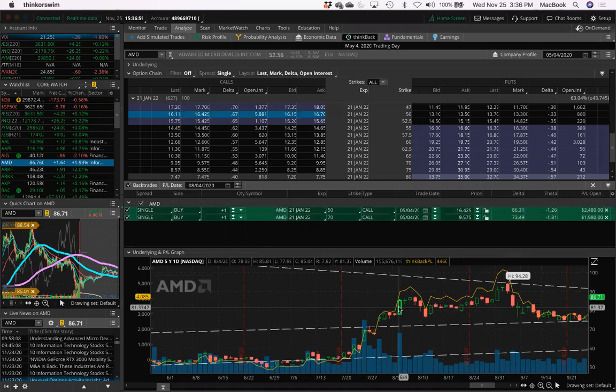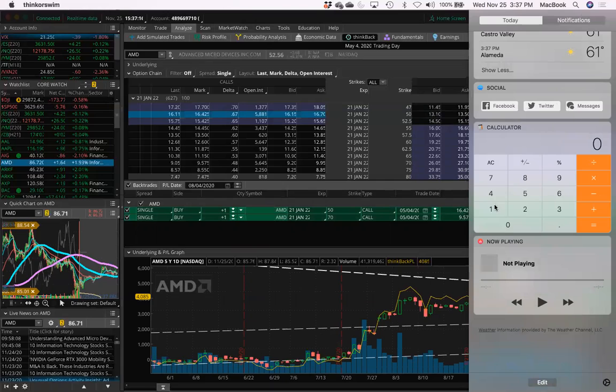Now that we're here on 8/4, at the end of the day, it's $500 more if you did the $50 strike versus the $70 strike. And really, at the end of the day, you put up what? 1642 minus 957. So you put up $685 in your initial investment on the one contract.